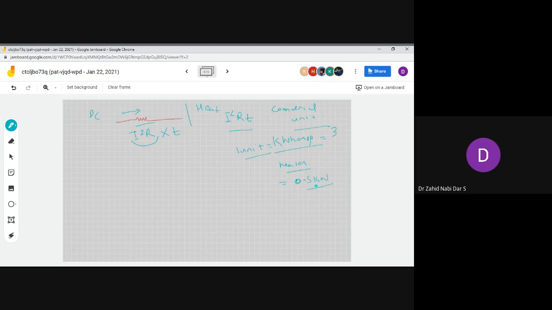If you burn it for 1 hour, the energy is 0.5 kilowatt hour, so this is not 1 unit. If you burn it for 2 hours, then 0.5 into 2 is 1 kilowatt hour. So in 2 hours you are consuming 1 unit.